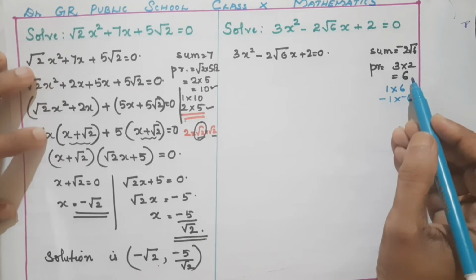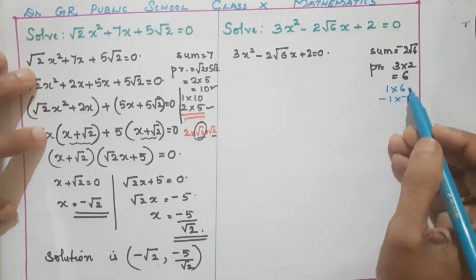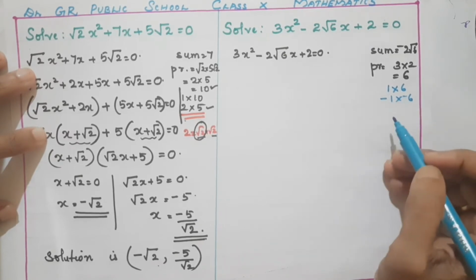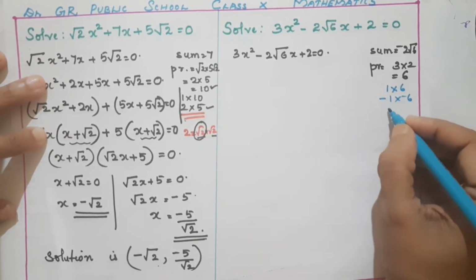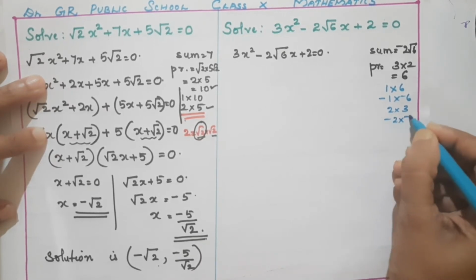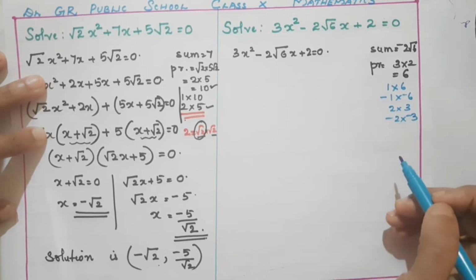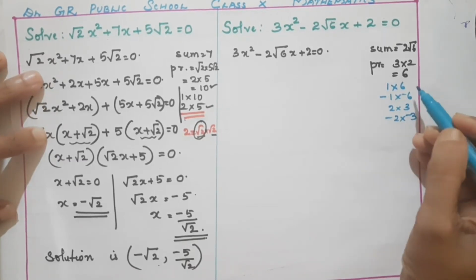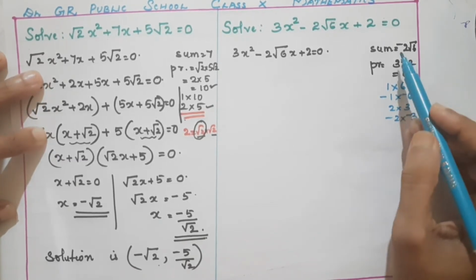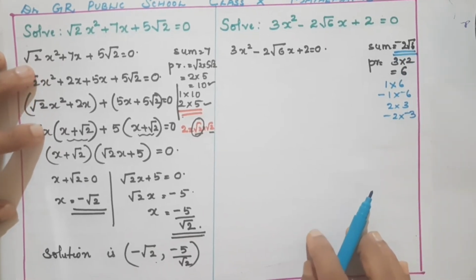If product is positive, both the numbers should be either positive or negative. Now another pair 2 into 3 or minus 2 into minus 3. Here also you will get positive 6 as product. But by choosing any one of these, we will never get the sum as minus 2 root 6.